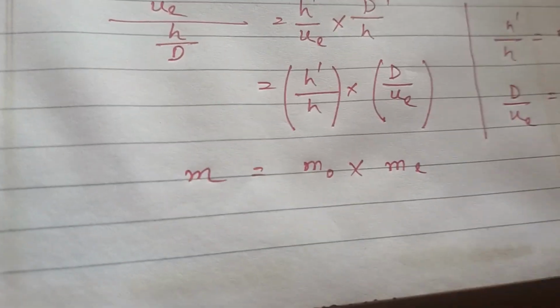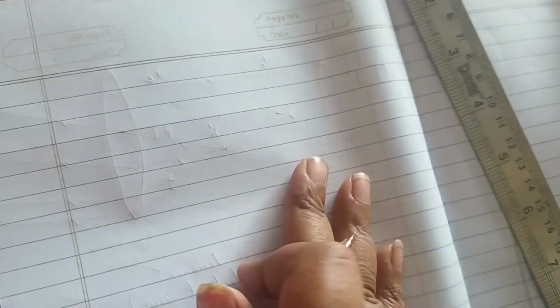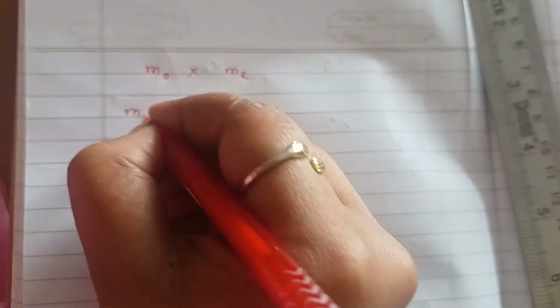Now slowly, one by one, another part is there. MO into ME. Okay. MO was h dashed by h.